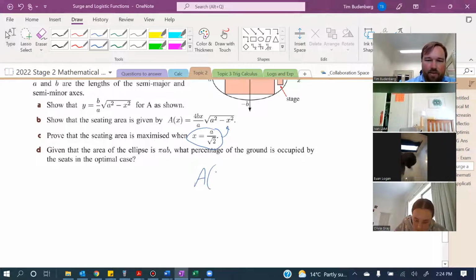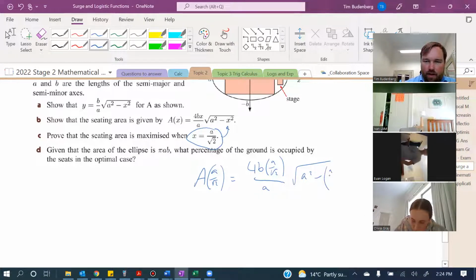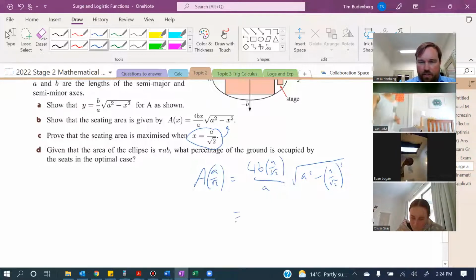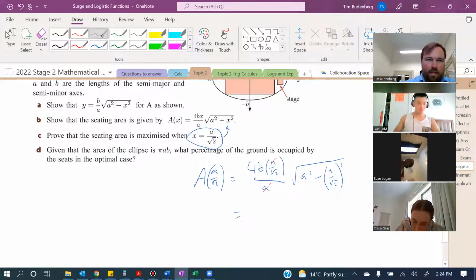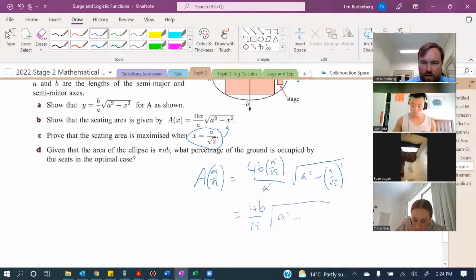Area at the max: A on root 2 is going to equal 4B times A on root 2 over A times the square root of A squared minus A on root 2 squared. That's not particularly pretty, so I will tidy. That A and that A are going to cancel, and it'll leave 4B on root 2 at the front, and then we've got the square root of A squared take A squared on 4.